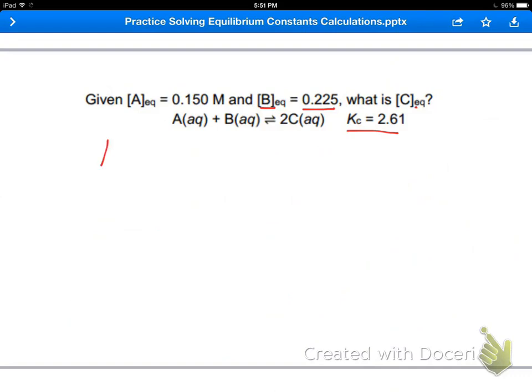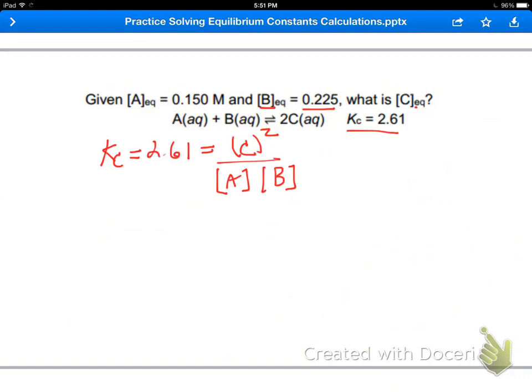So my expression is Kc, which is 2.61, equals the concentration of C squared over the concentration of A and B.